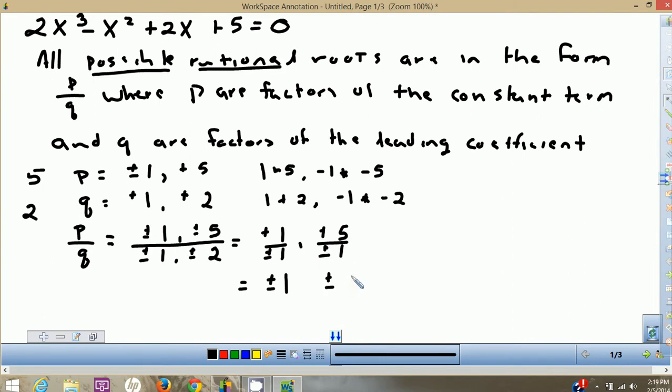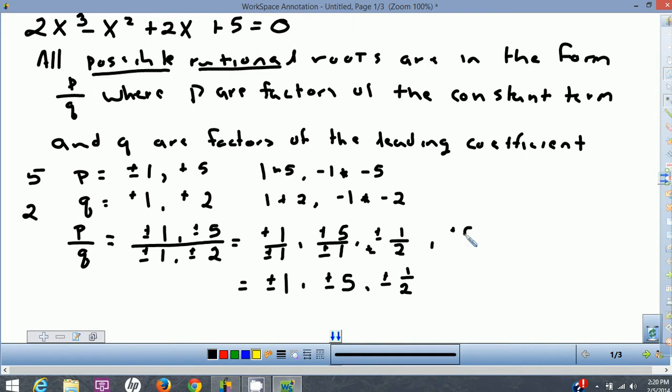So the second number in my list is positive and -5. Or the next one is 1 over 2. Positive and -1 over positive and -2. Well, that's 1/2. So plus and minus 1/2. And then plus or minus 5 over plus or minus 2, which gives me plus or minus 5 over 2. That's my list of possible rational roots.